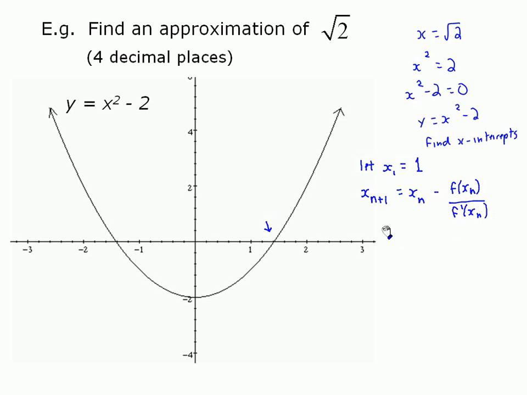So to get x2, which is what we want, we have to go x1 minus f at x1 divided by f prime at x1. And here is where we better stop and write out the equations. You see, f at x, if we use function notation, is in fact equal to x squared minus 2. And then the derivative, f prime at x, is equal to 2x.